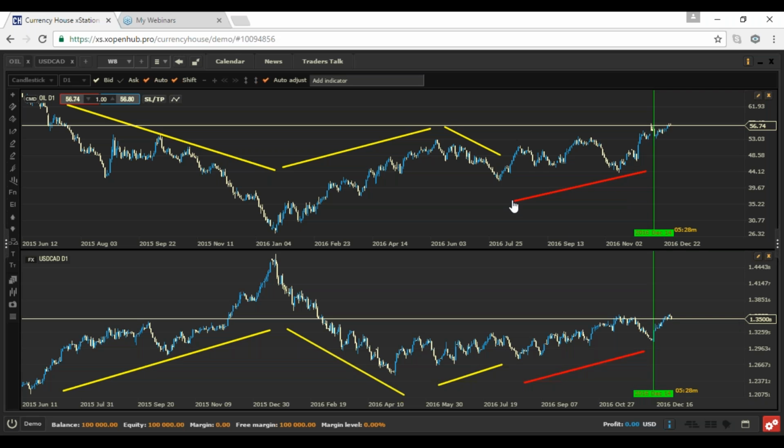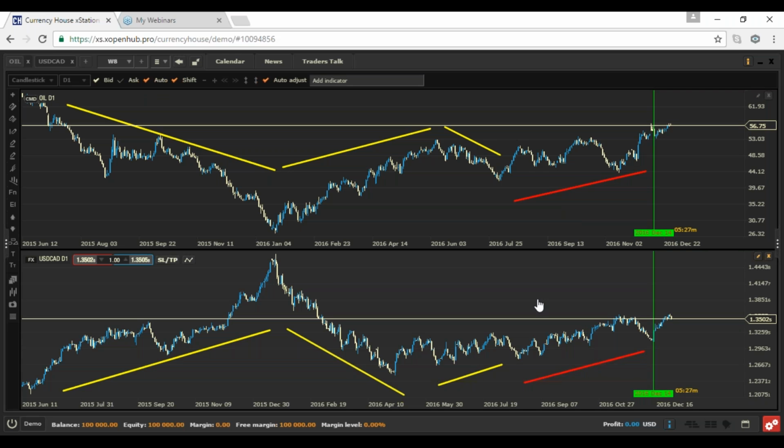Wow, we see that the price of oil started to go up, and at the same time the USD CAD is also going up. So it means that the Canadian dollar weakens despite the fact that the price of oil is going up.